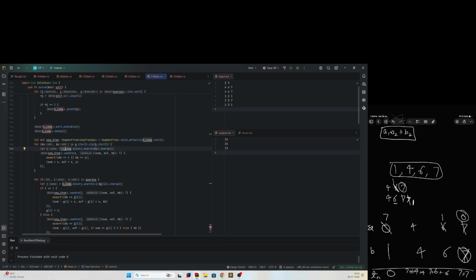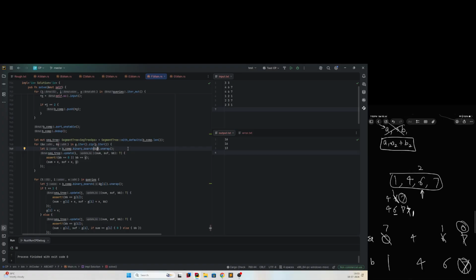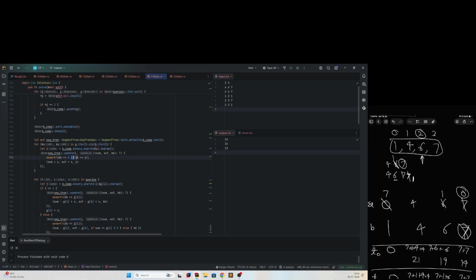I check for this compressed value, the position where we match this b, the index basically. Let's say 6 was there, so we will return 2, from 0, 1, 2, 3 here basically. And at index 2 in the segment tree, I am going to add x, which is basically ai at this point. And as I mentioned as an implementation detail, this will be either 0 or y, the current b value in the node.